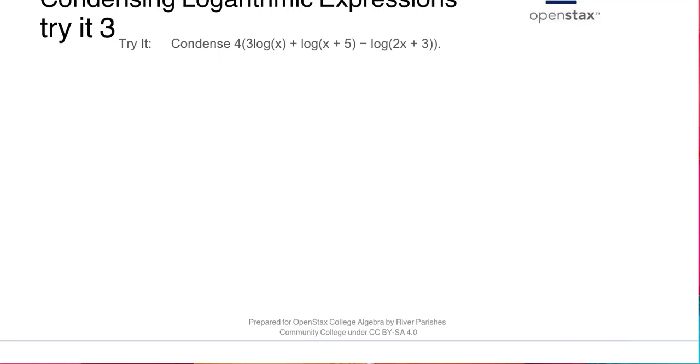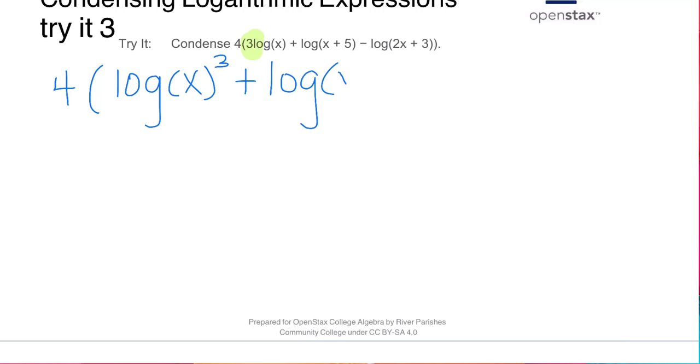Okay, so first things first, we've got this 4 out front, but it's out front of the whole thing. So I'm going to ignore that for now, and I'm just going to worry about this 3, and I'm going to rewrite it as 4 times log base 10 of x to the 3rd plus log base 10 of x times x plus 5 minus log base 10 of x times 2x plus 3.